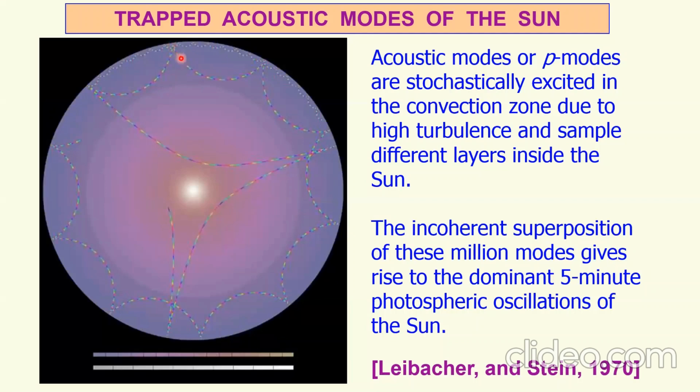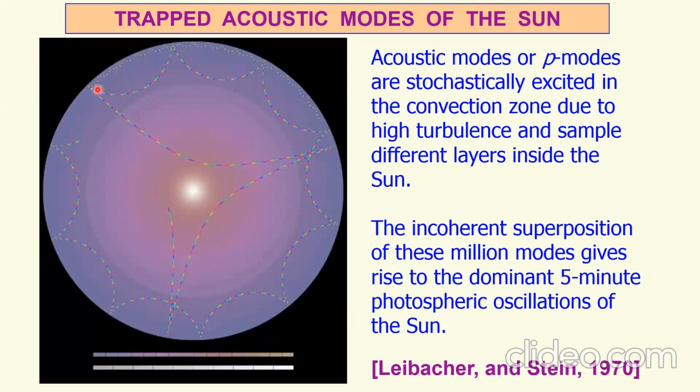And then again, this wave is bounced back from the surface of the sun. Thus, it goes like this and rings the whole sun. And depending on the launch angle, this wave can penetrate deeper or shallower.